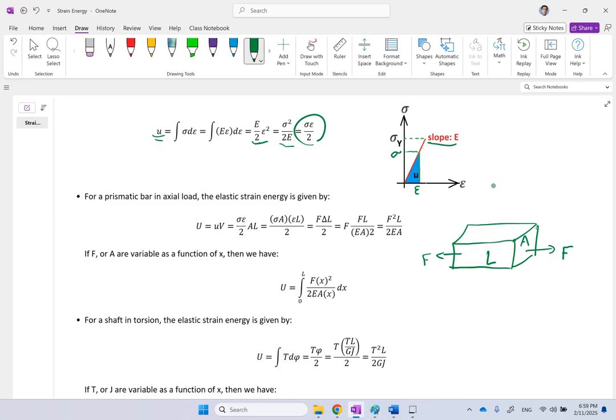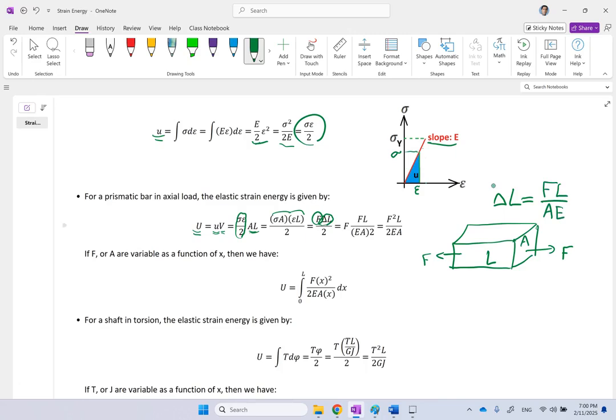Then the total strain energy, which is equal to the strain energy density times volume, is going to be: for the density, we plug in sigma epsilon over 2, for volume A times L, so it becomes A times sigma epsilon times L over 2. Epsilon times L is the total elongation, and sigma times A is F. If you remember, for this prismatic bar with axial load, the change in length, if you watch my axial load deformation video, was F times L over AE.